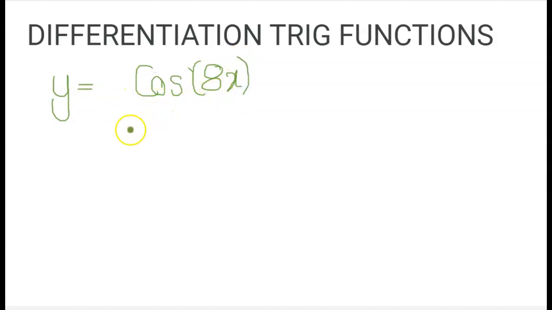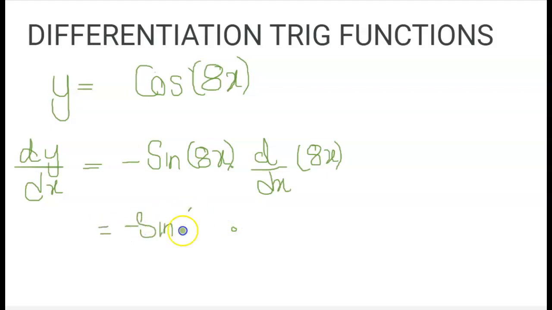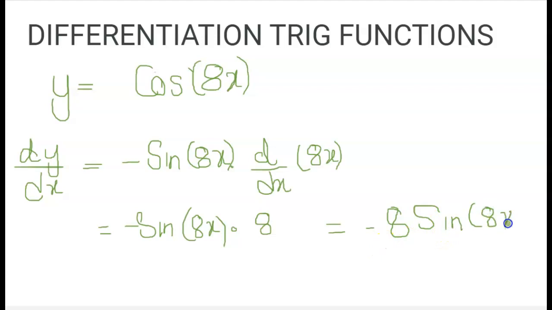Now if I want to differentiate that one, that will be dy over dx equals cos is minus sine 8x, and the differential of the 8x, which is just going to be the 8. So the answer is minus 8 sine 8x, because that 8 doesn't look nice there, so I move that one forward. That's the answer.